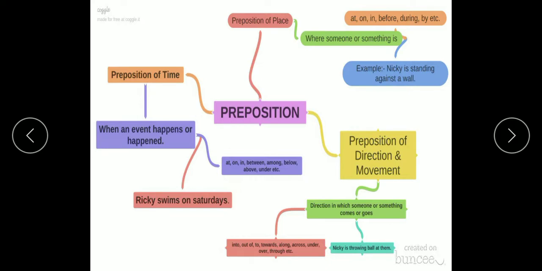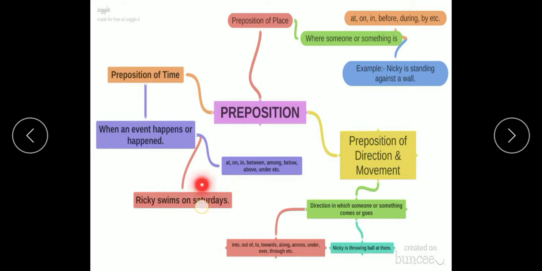Okay. Next is preposition of time. Time means when. We all know that it will tell the time. That means preposition of time will tell us when an event happens or happened. For example, Ricky swims on Saturdays. That means when you are asking when does Ricky swim, you will get the answer: Ricky swims on Saturdays.